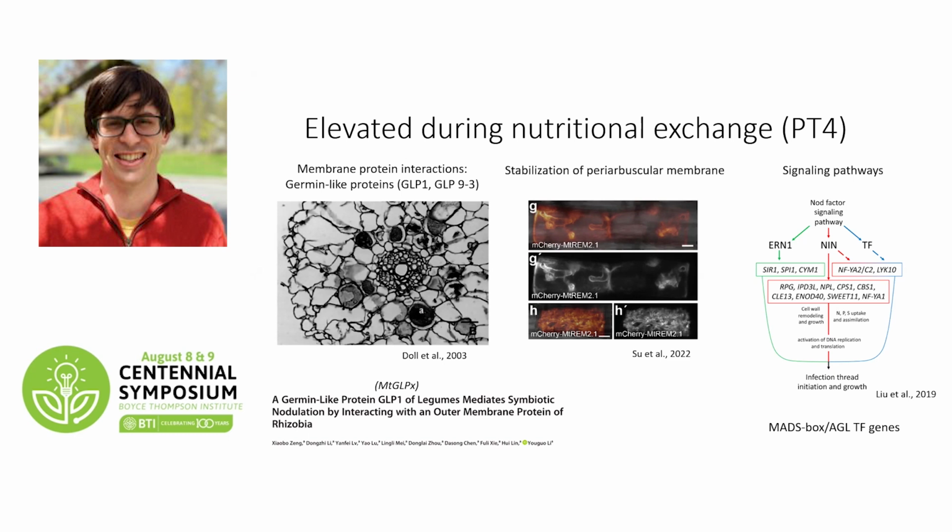For stabilization of the periarbuscular membrane, we find a remorin that's thought to help create and preserve this really convoluted structure that's useful for all that nutrient exchange, that surface area. And we also have signaling pathways that we find are shared between rhizobium and arbuscular mycorrhizal fungi.